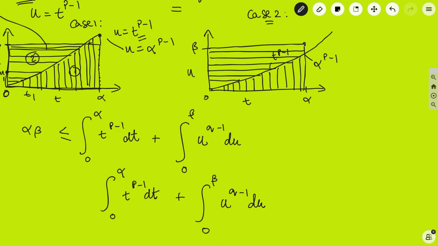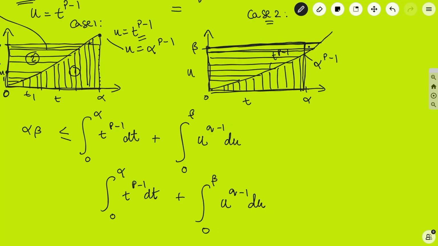When you have beta here, your height is this. So there's an extra portion there. So there's that rectangle alpha beta, which has this area under this. This is the rectangle. But when you integrate from 0 to beta, u to the power q minus 1, you have this height. So basically at beta, your height is this, the entire height, and here, this is the entire height.